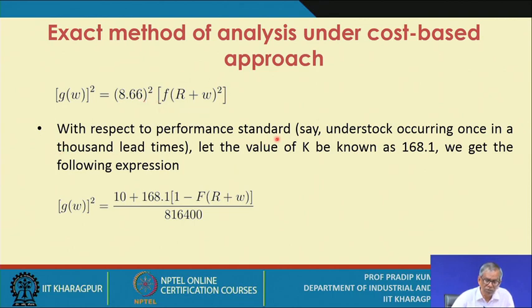With respect to the performance standard, say understock occurring once in 1,000 lead times. So what is the performance standard? It's a kind of service level, that is 0.001. That means out of 1000 order cycles there is a possibility of going out of stock.